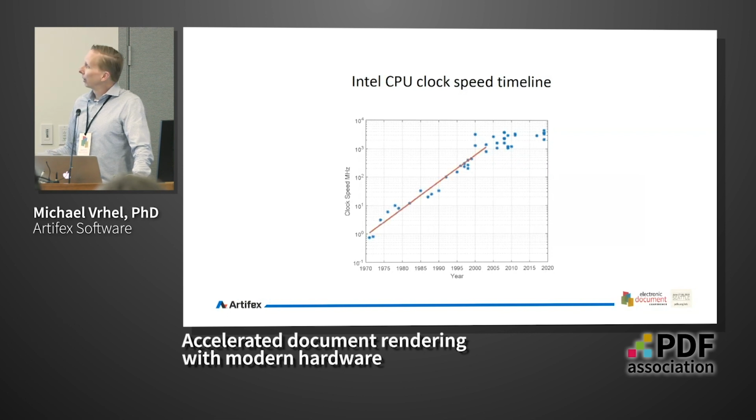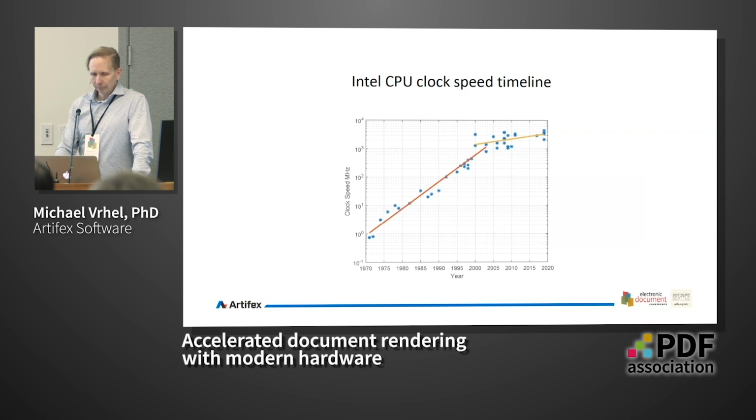If we do a linear fit from 1970, when they first introduced the microprocessors, up till a little past the year 2000, there was quite a rapid increase in clock speed on CPUs. If you do a linear fit on the data since then, you can see that the rate of change has slowed significantly.